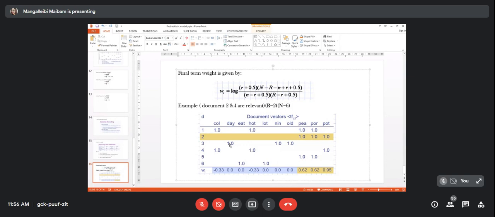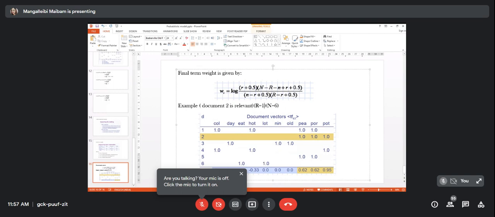So for this particular example, document 2 is relevant, so R equal to 1. If I say document 2 and 4 are relevant, then R equal to 2.